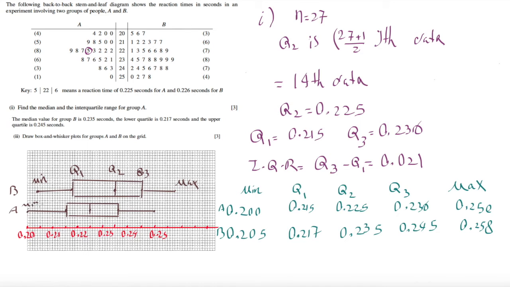Here is minimum data, here is Q1, here is maximum, Q2, Q3. As you see, for example, here minimum data is 0.205 for set A, set B is corresponding to 0.2. Then Q1, Q2, Q3, and maximum.